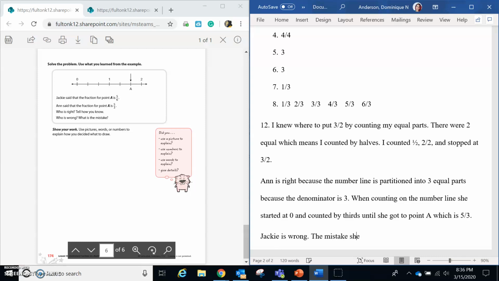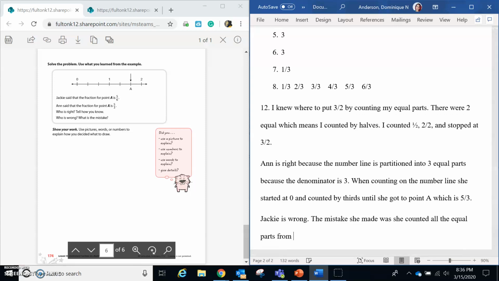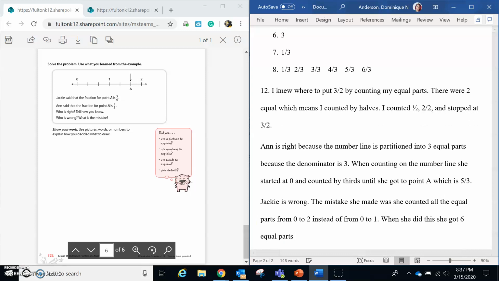The mistake she made was she counted all the equal parts from 0 to 2 instead of from 0 to 1. When she did this, she got 6 equal parts and counted by 6.